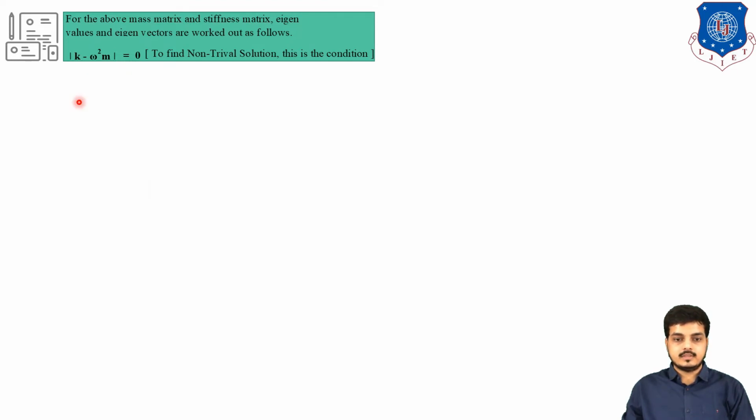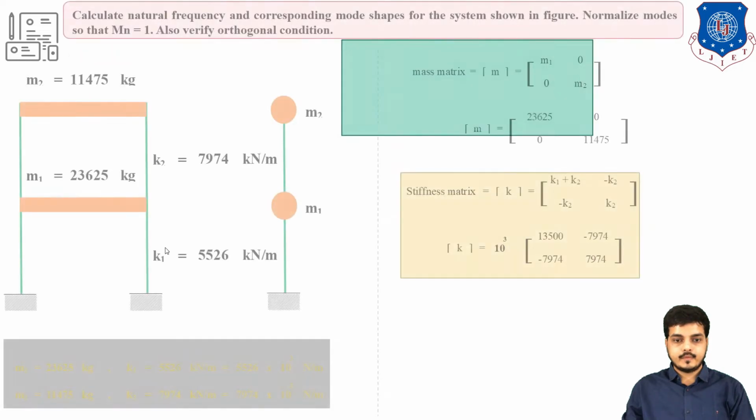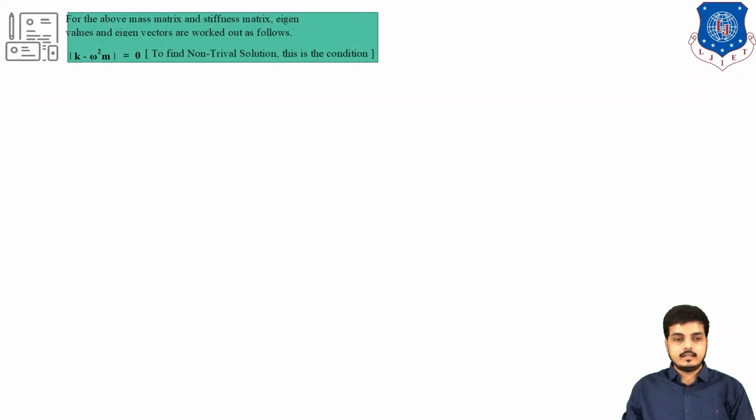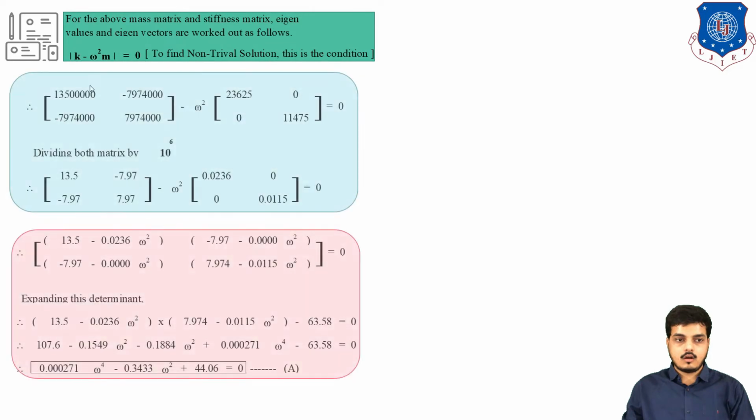So this is my K value. Look over here, it has been given that K is nothing but 13500 multiplied by 10 raised to 3. I have multiplied the entire stiffness matrix by 10 raised to 3, minus omega square into the mass matrix as it is. Now for ease of solution, I have divided both sides by 10 raised to 6.